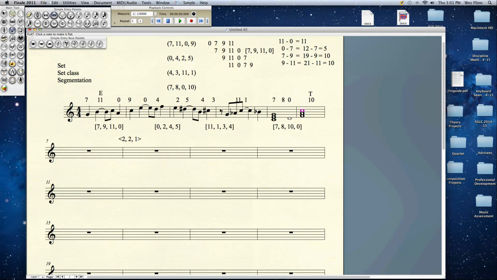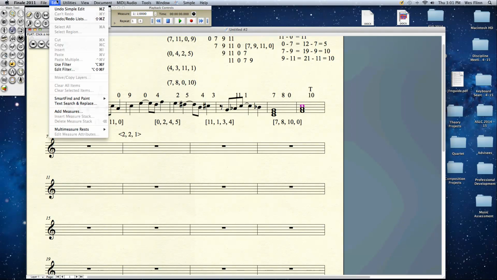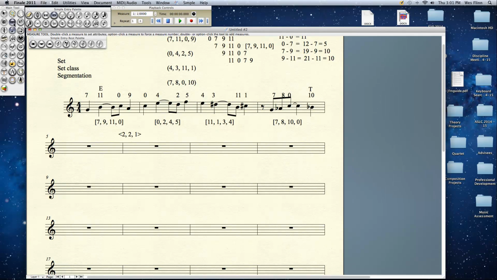They have the same intervallic content even though they have different pitches. We can say that F is a transposition of C. And it's that idea of transposition that makes things interesting. Because basically we can make an argument that this measure here is a transposition of this measure.